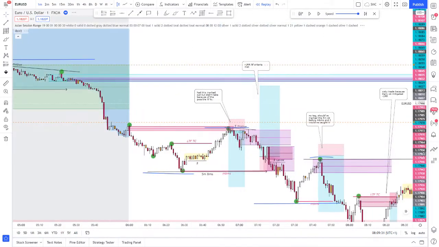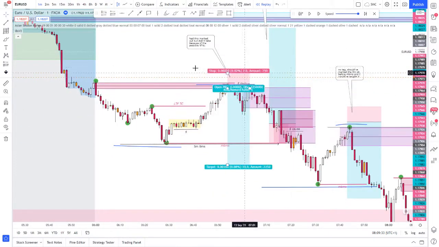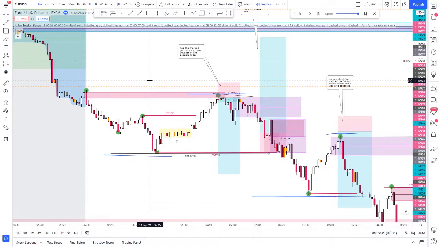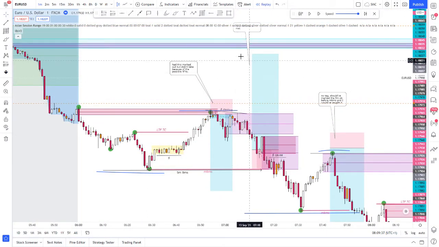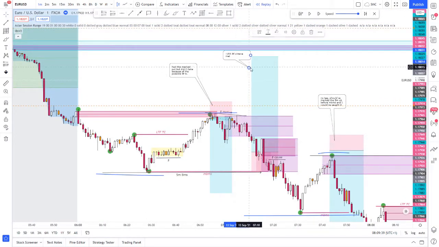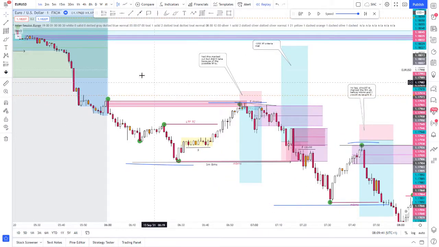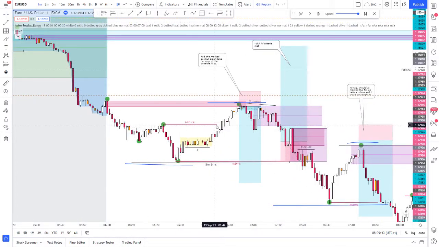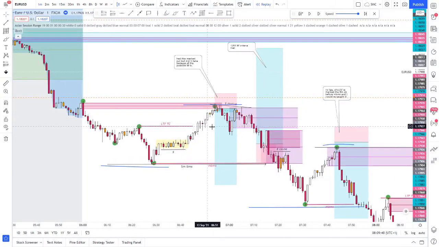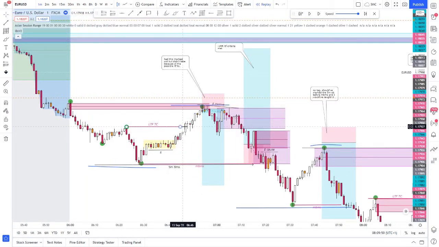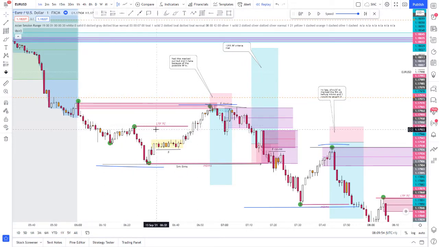Yesterday I lost trades simply due to subjectivity in the 1 minute time frame. Here, to me, this was a trend change, a lower time frame trend shift. But as you can see, I was incorrect, because the high was here and this was the low.